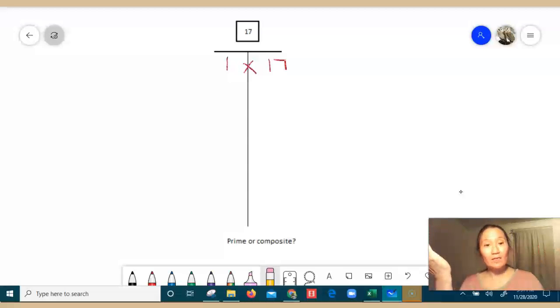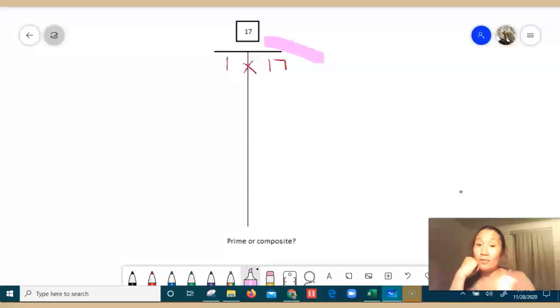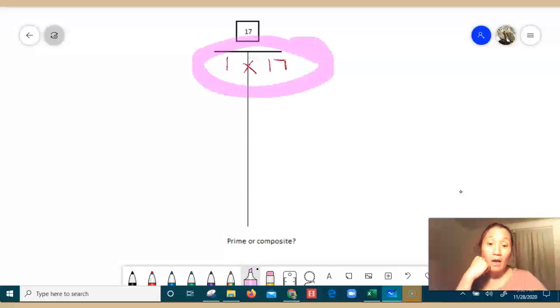The only thing that you have would be the flip-flop, which would be 17 times 1, and I'm not going to write that. So this one is going to be a prime number because it's only one factor pair. The other is the flip-flop, and I'm not going to even write it because it's the same problem. So 1 times 17 means it's prime. There's only one factor pair.